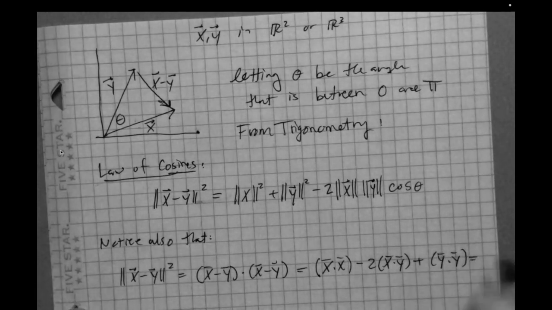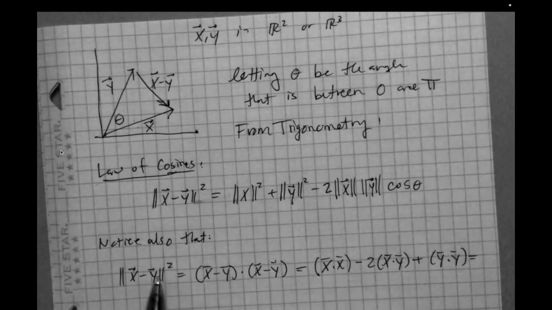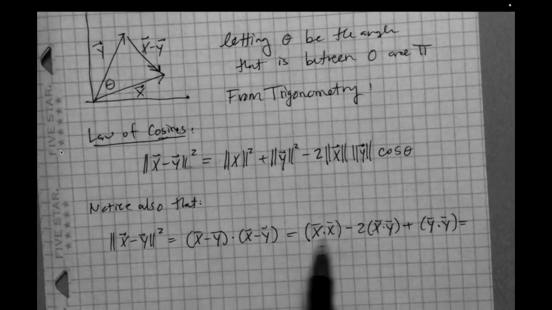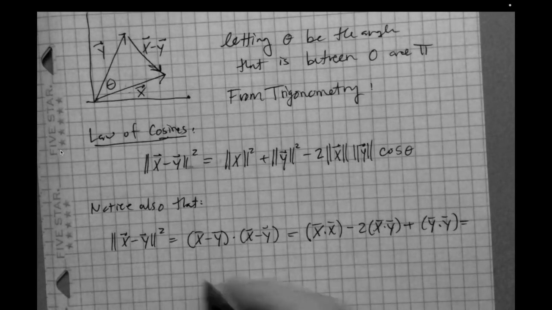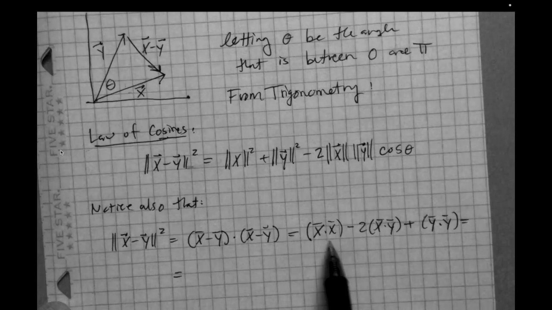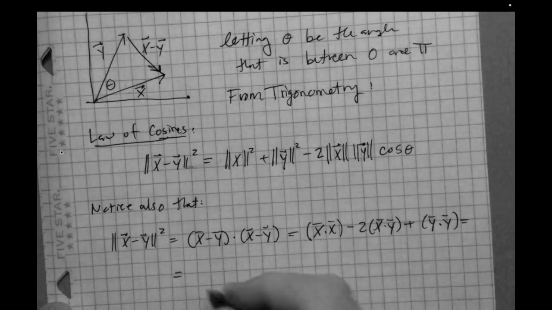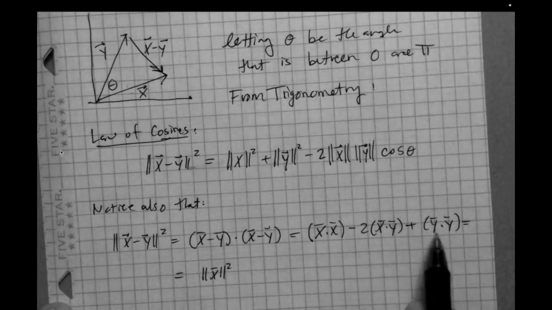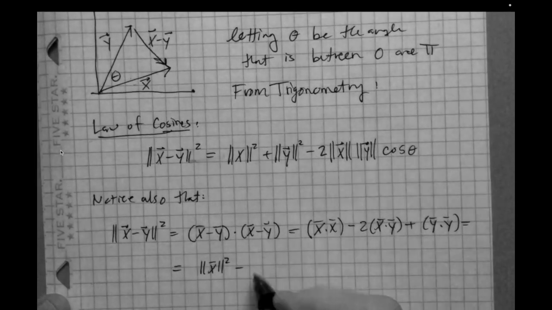That's just expanding this, using the identity we discussed earlier in the lecture. Taking this a little further, we know that this is the norm of x squared, and this over here is the norm of y squared. So in between I have this.